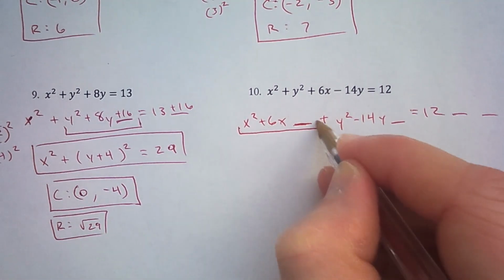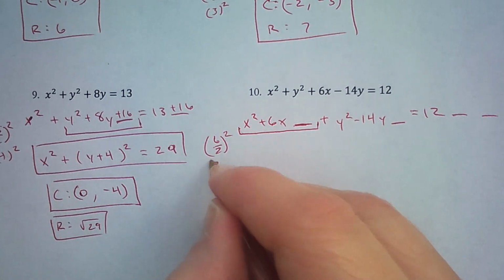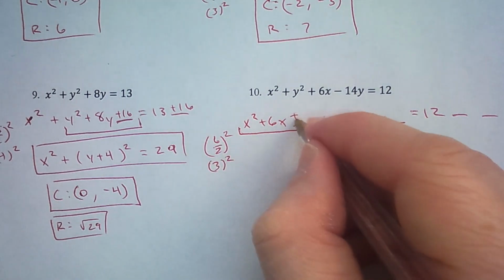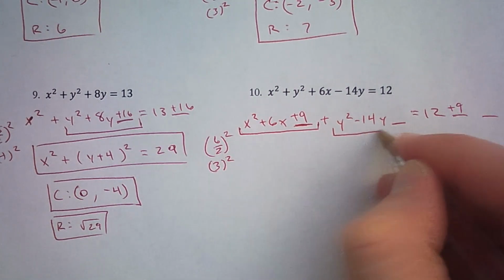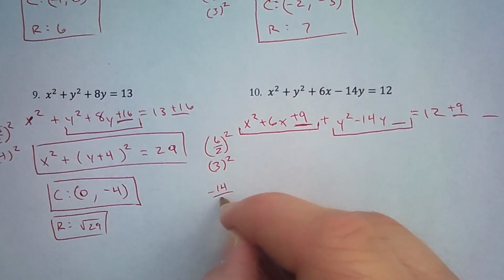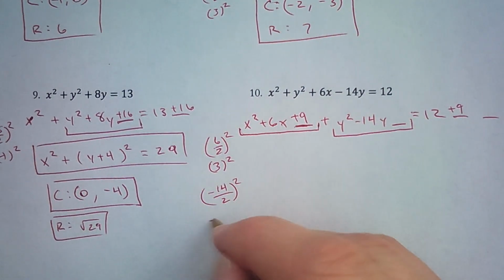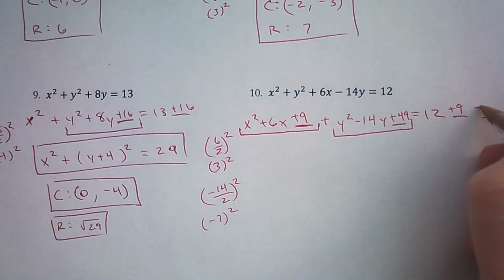Okay, so to complete the square here, I do 6 over 2 squared, that's 3 squared, which is 9, so plus 9 on both sides. Okay, then to complete the square here, I do negative 14 over 2 squared, so that's negative 7 squared, which is 49.